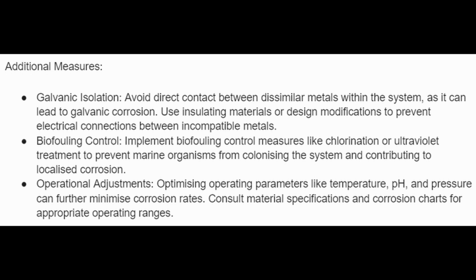Implement biofouling control measures like chlorination or ultraviolet treatment to prevent marine organisms from colonizing the system and contributing to localized corrosion. Operational adjustments. Optimizing operating parameters like temperature, pH, and pressure can further minimize corrosion rates. Consult material specifications and corrosion charts for appropriate operating ranges.